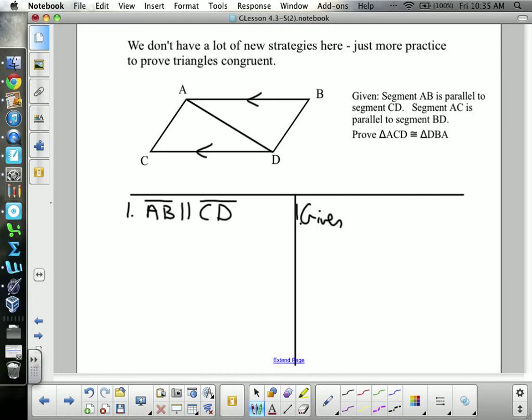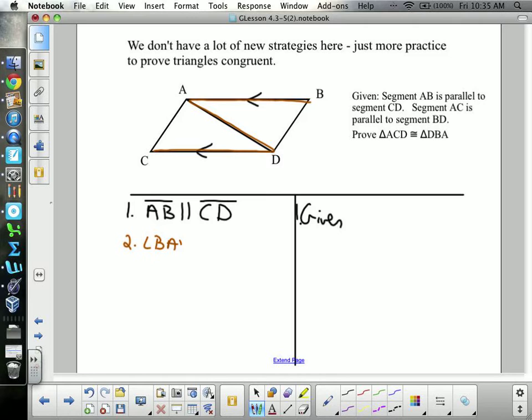Now, when we have parallel lines, what are we looking for? Parallel lines and transversals, so we can get alternate interior or some sort of special angle pairs, right? Well, with these parallel lines, what do I see? There's my Z, right? So where is my congruent angle pair?